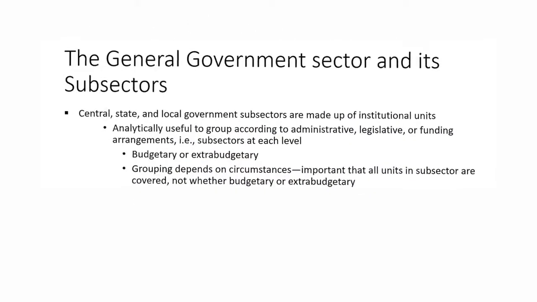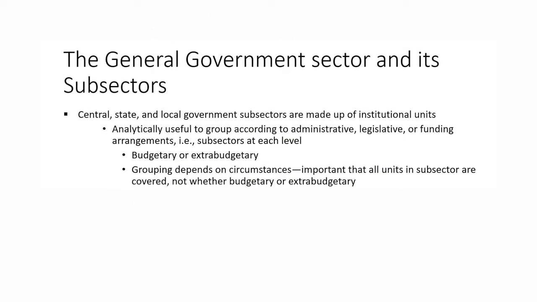The general government sector and its subsectors, I already mentioned that we have the central, state and local subsectors. They are made of separate institutional units. Analytically useful is to group them according to administrative, legislative or funding arrangements. These are the criteria where we see how independent they are, whether it is the central government or the state government.